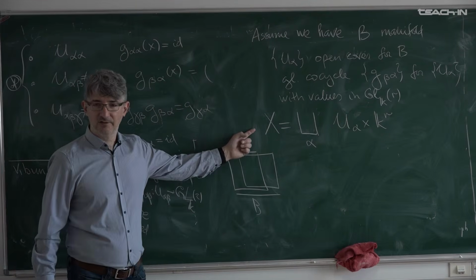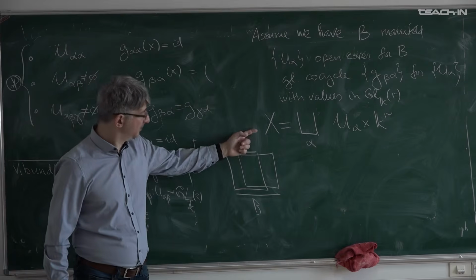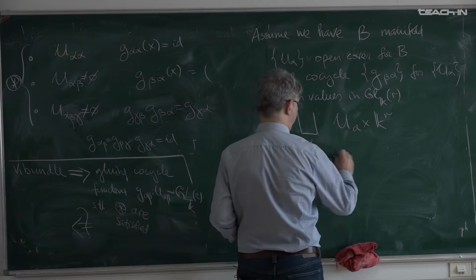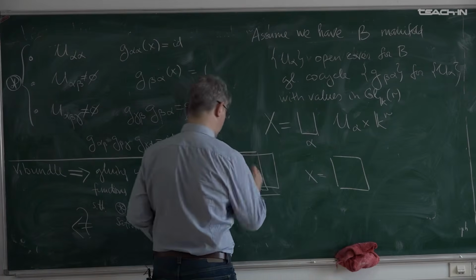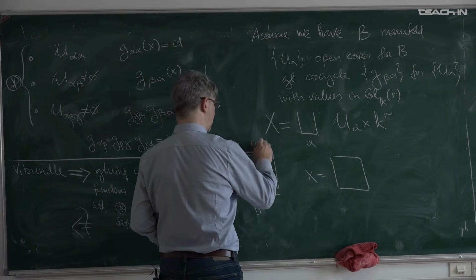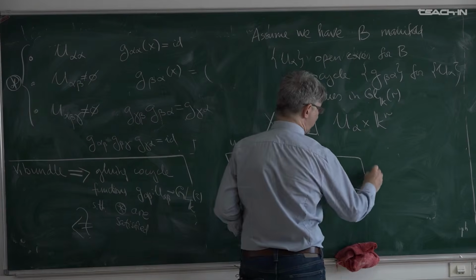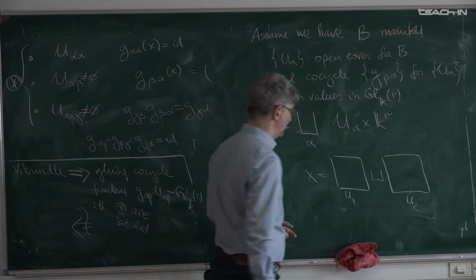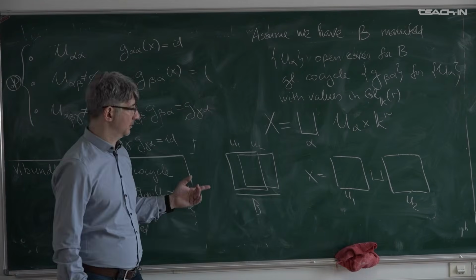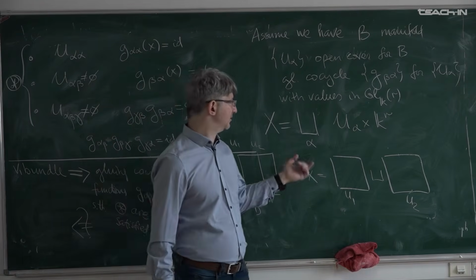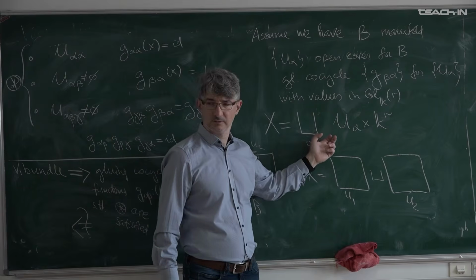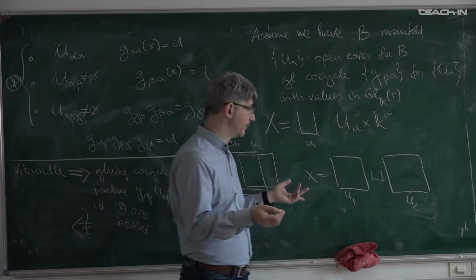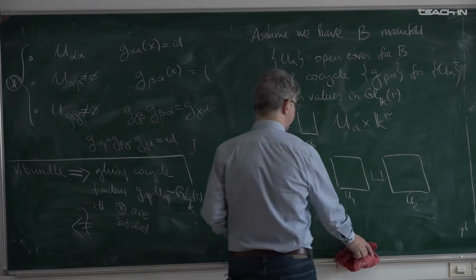The space X consists of two big pieces, U1 and U2, the disjoint union of U1 with U2. You see that in this union some points should be identified. Let me write how to identify them.